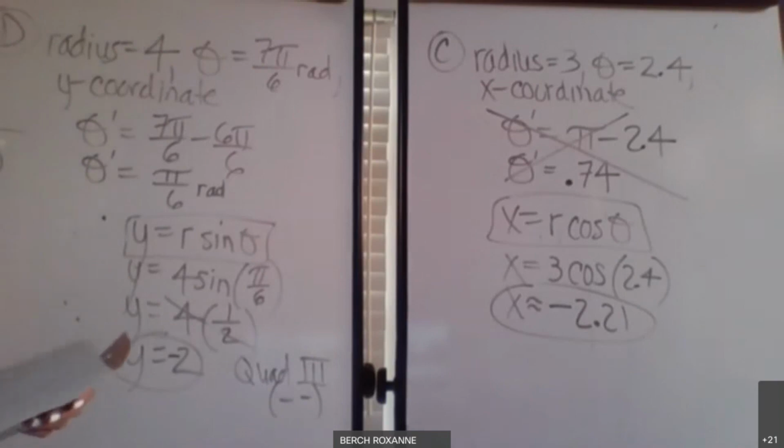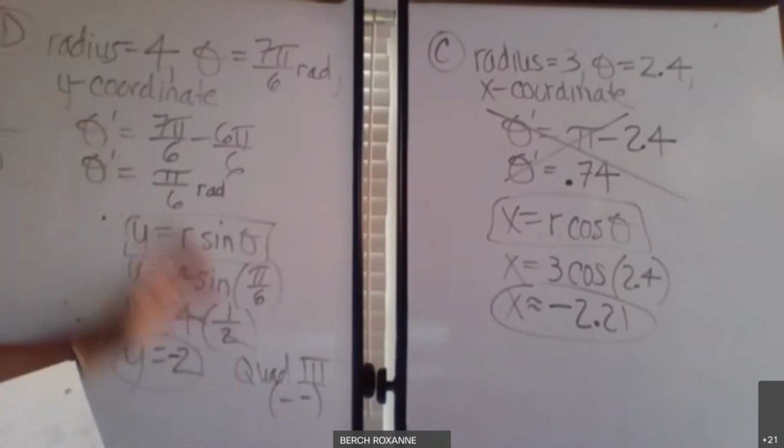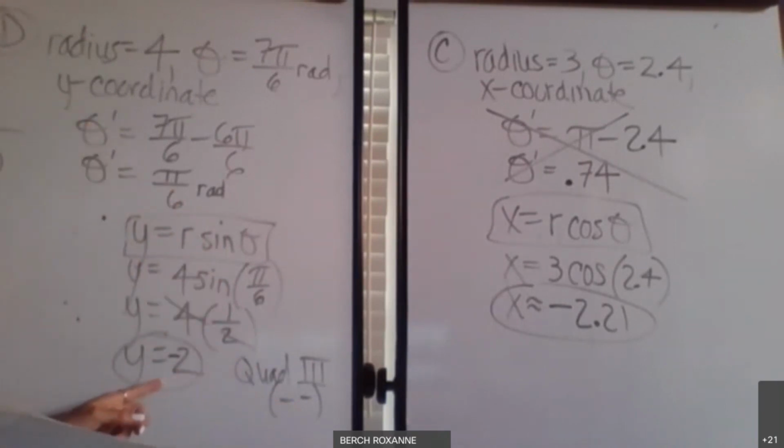I'm going to say that again. We found a reference angle to help us out. And if we evaluated a reference angle, don't we still have to put ourselves in the correct quadrant of the actual angle? Yes. And the actual angle is in quadrant 3. So the y value in quadrant 3 should be negative.